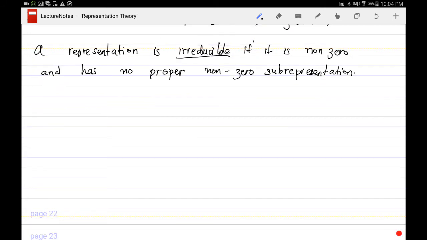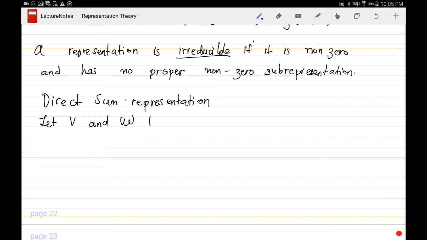And another notion we'll need for this important theorem that we'll state later on is the direct sum representation. So again, let V and W be two representation spaces.